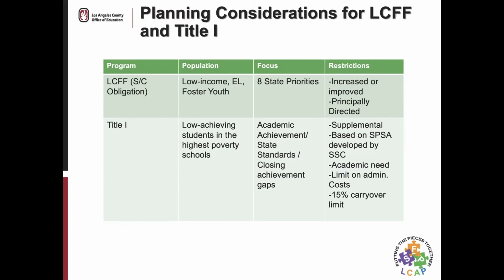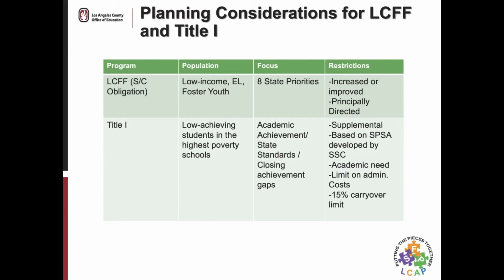That's who the population is, okay? And the focus is the 8 state priority areas. And any restrictions, they're just that it's increased or improved service, and it's principally directed to one or more of those groups.